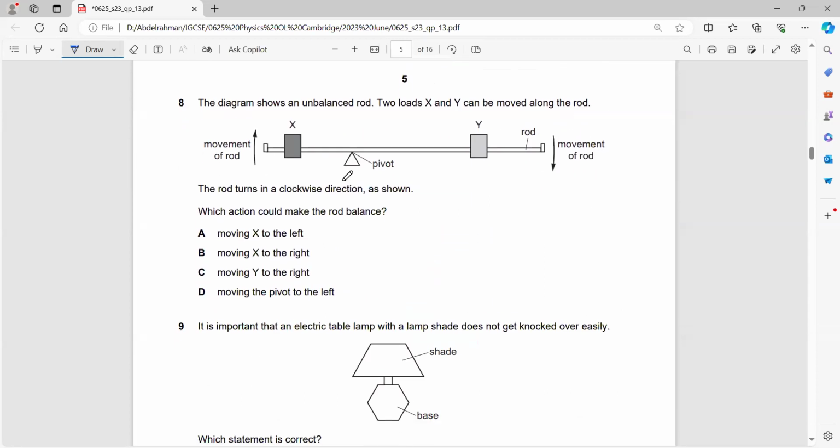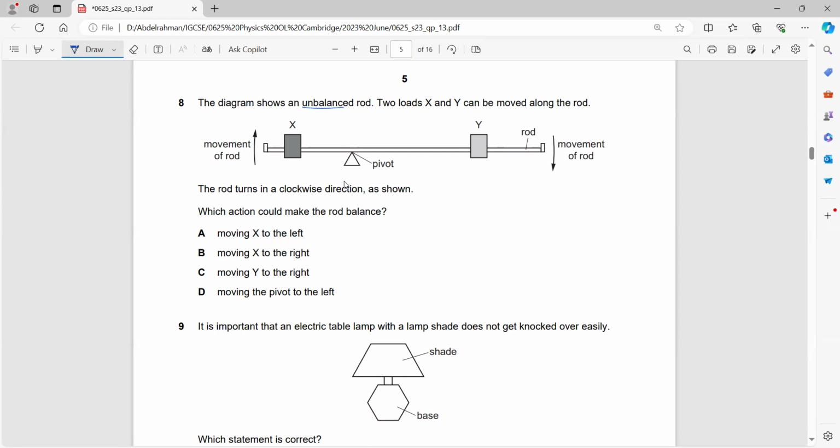The diagram shows an unbalanced rod. This rod is not balanced yet. The rod turns in a clockwise direction as shown. Which action could make the rod balance? Now it's moving in a clockwise moment. How can I balance this rod?